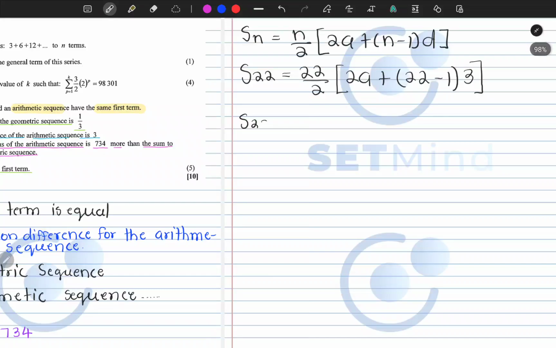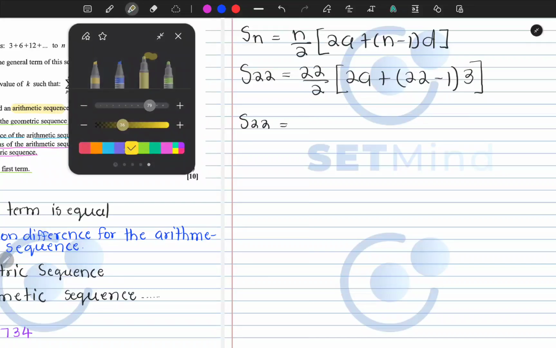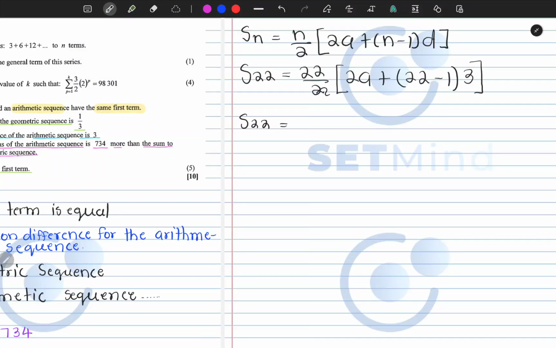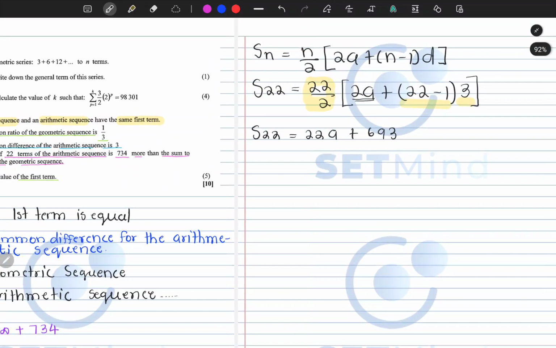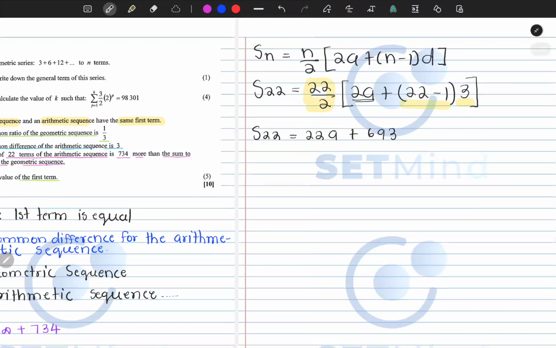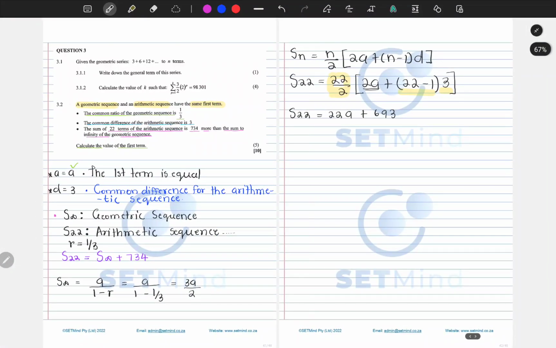When we simplify, 22 divided by 2 is 11. Then 11 times 2a gives us 22a, plus 11 multiplied by 21 times 3, which gives you 693. That is what we are getting as our sum for the 22 arithmetic terms.